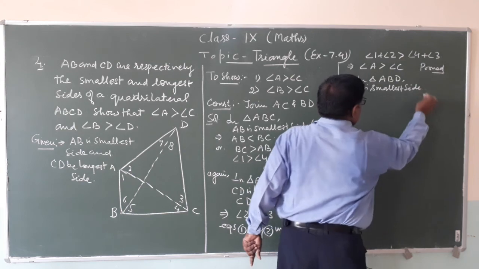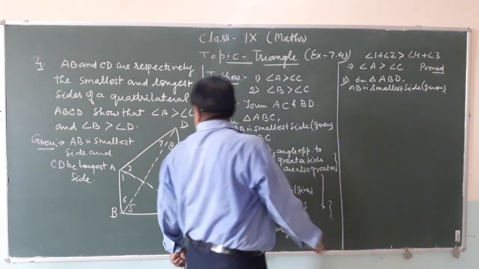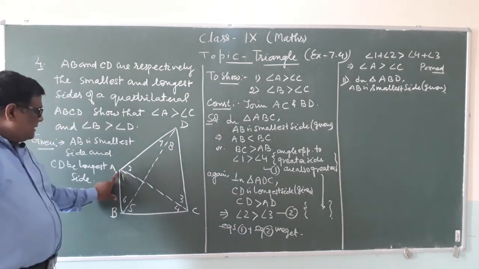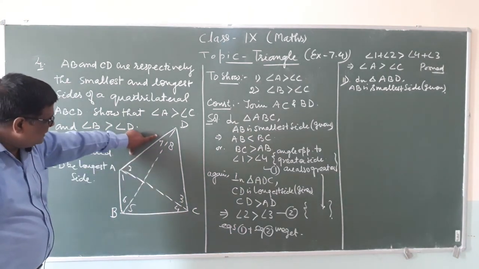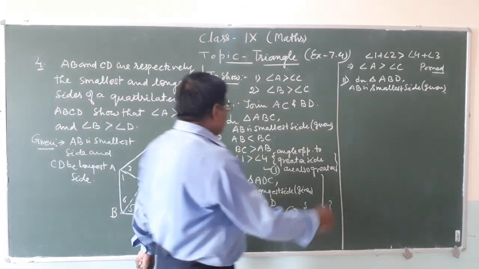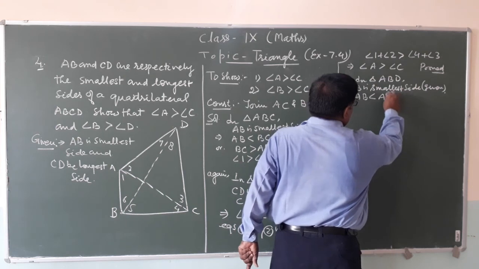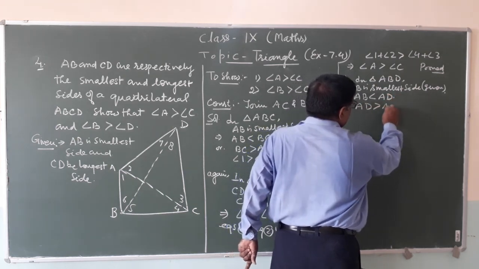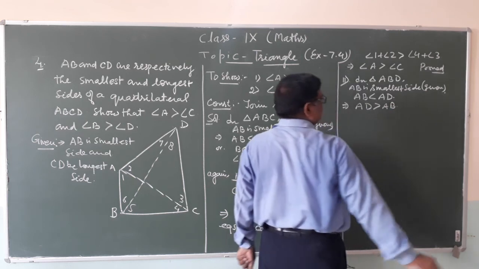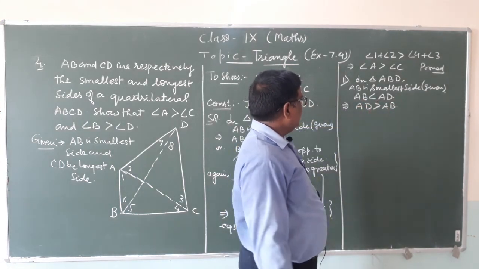This is given, so AB is less than AD. Now, this can also be written as AD is greater than AB.